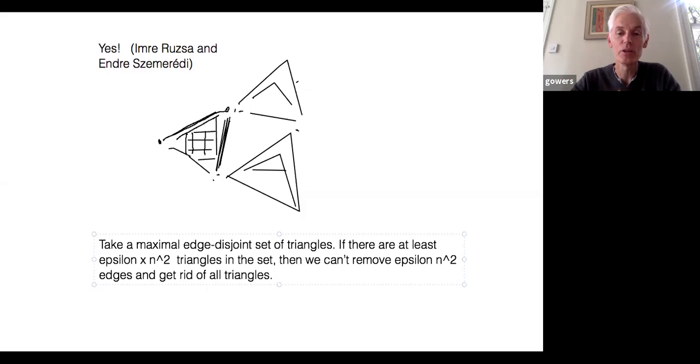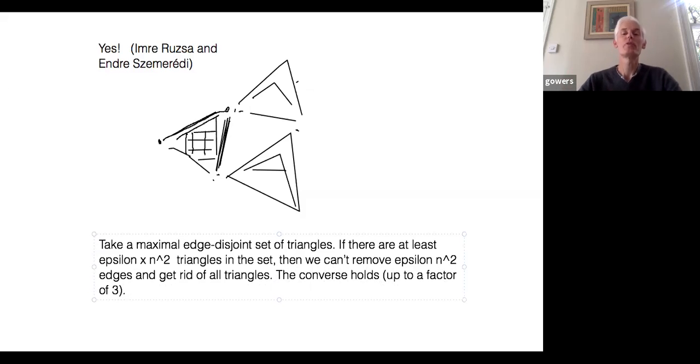So I must have removed at least one edge from every triangle. So the converse holds up to a factor of 3, because I've removed 3 times the number of edges as there were triangles in the disjoint set.